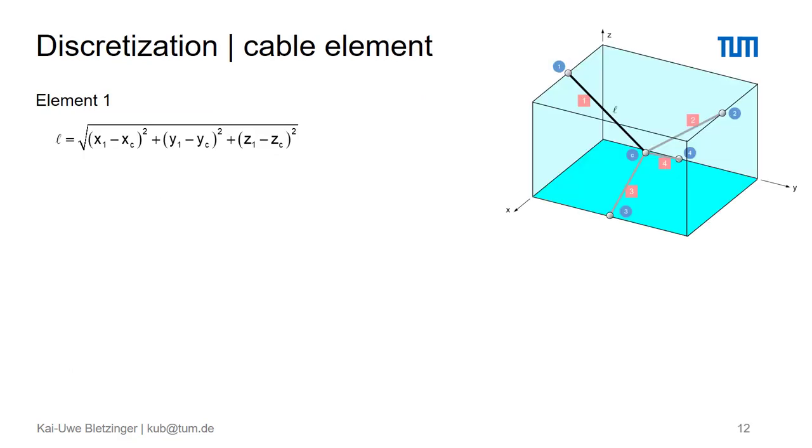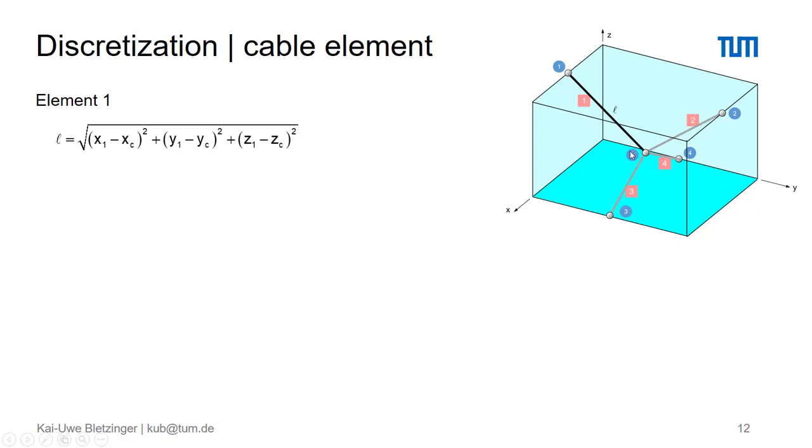To be able to develop these equations, we have to go into the discretization of this problem and the elements. Let's just recall here with respect to our little example, and look at member number 1, element number 1, spanning from the center node to the vertex node 1.